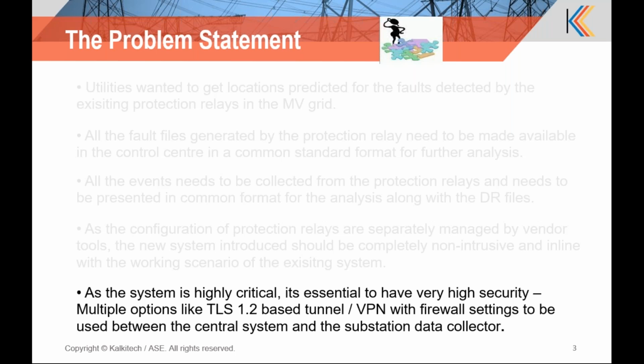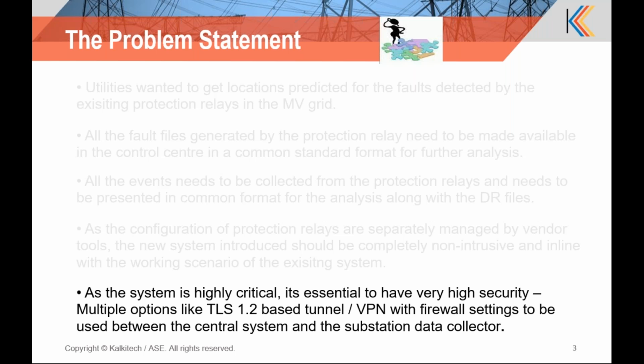Then, as the system is highly critical, especially on IED device management, any parameter setting going wrong, when done centrally, could have catastrophic effects on the system. So we need to have a high-end security concept involved.